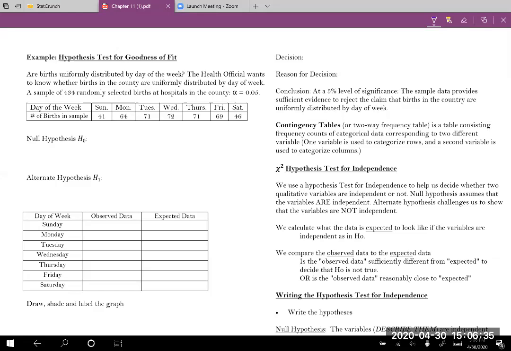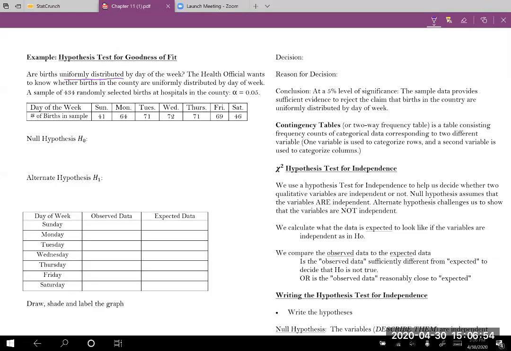So we're looking at a uniform distribution, and you're going to see this also in the homework. So we're going to say that births in the county fit the uniform distribution, or you can say they are uniformly distributed by the day of the week, or they're not uniformly distributed.